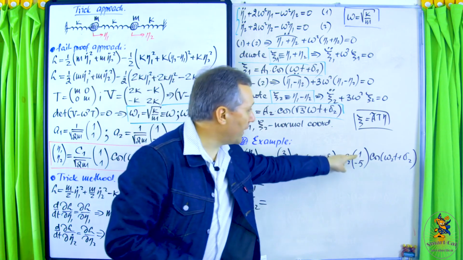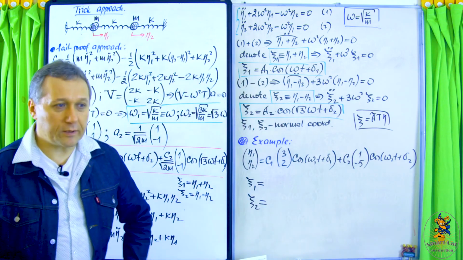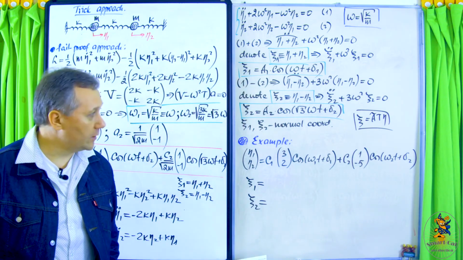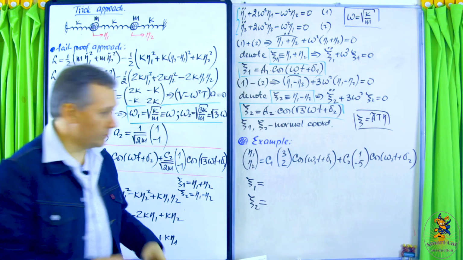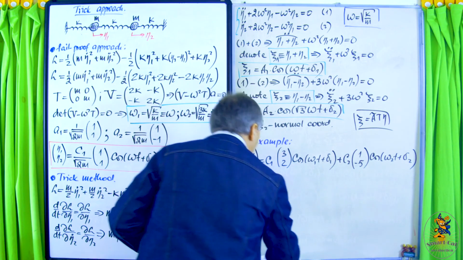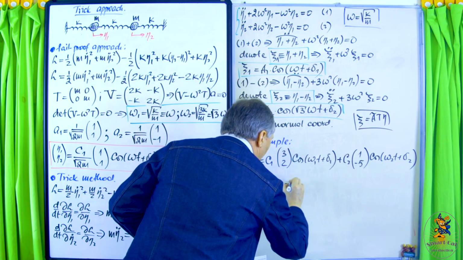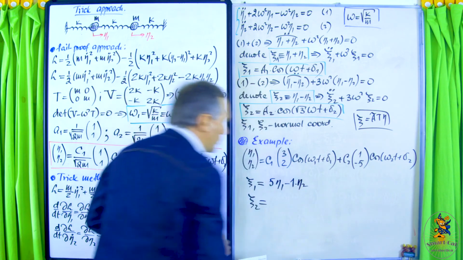So I will have 5 minus 5, amplitude 0, and my new coordinate is not going to oscillate with the frequency omega 2. So you see, I can construct it like this: 5 parts of eta 1, and then add 1 part of eta 2.